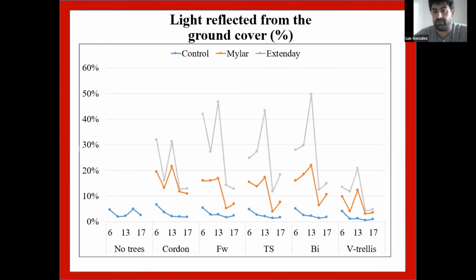And the first position is for Extenday, which, for example, in fruit wall reaches 50% of light reflection. The material that reflects the most light is Extenday, followed by Mylar, and the control has the lowest values of light reflected.